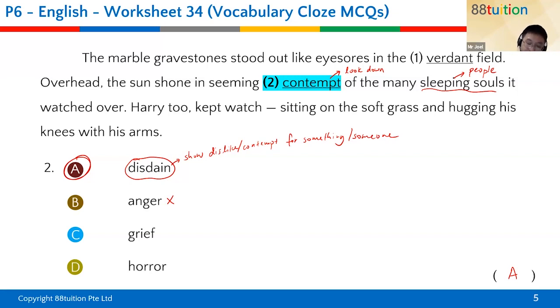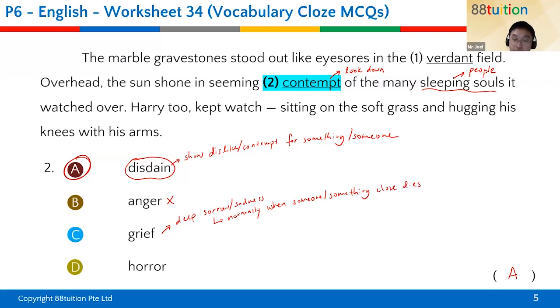And grief over here, what does grief mean? Grief actually means very deep sorrow or deep sadness. And this is normally used when someone or something close to you dies.